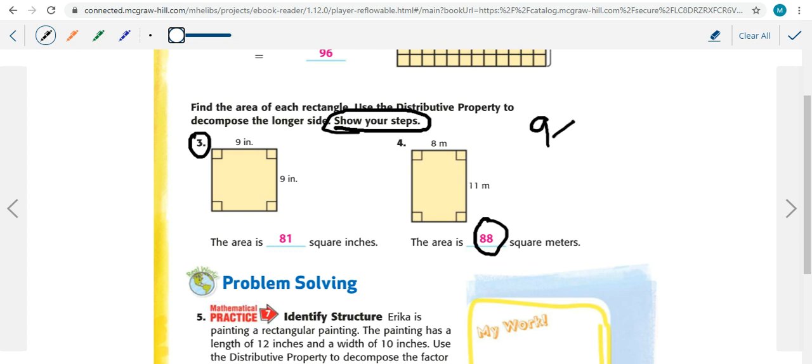We are going to find how much is 9 times 9. But we are going to use a distributive property.